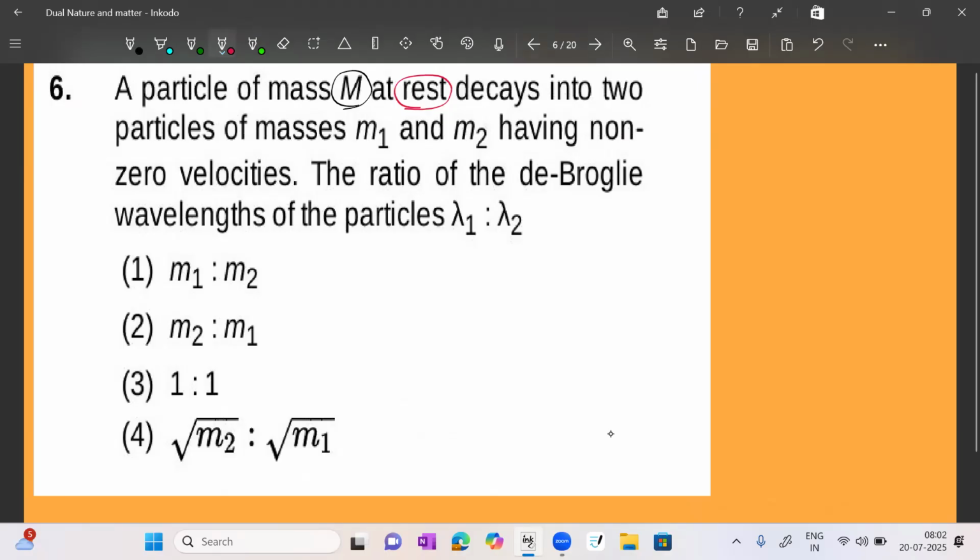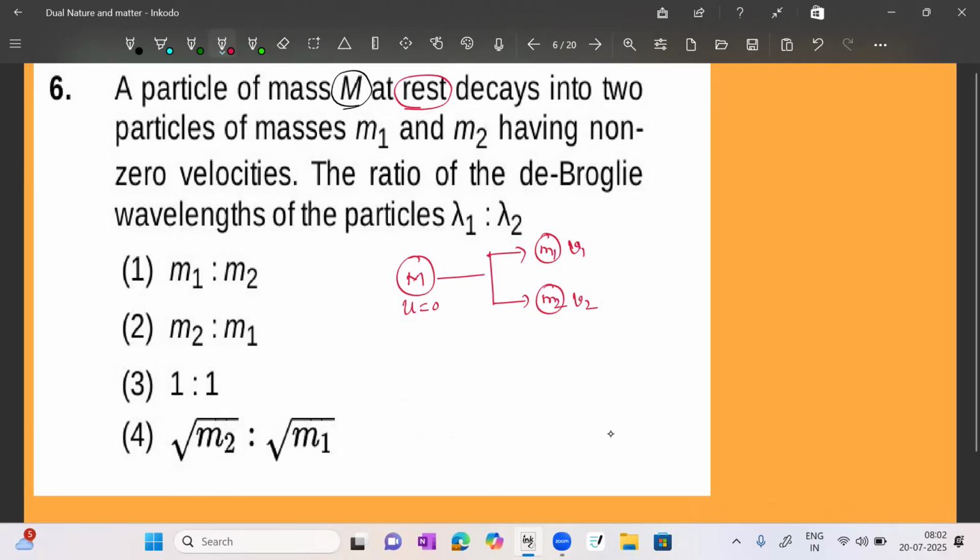So it is like the collision concept. We have the mass M, initially in the state of rest. So it dissolves into two fragments, M1 and M2. And we know that in any type of collision, either elastic or inelastic, momentum is conserved. M1 has velocity V1, M2 has velocity V2.